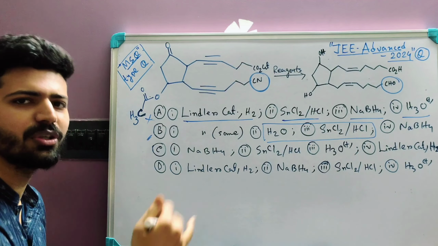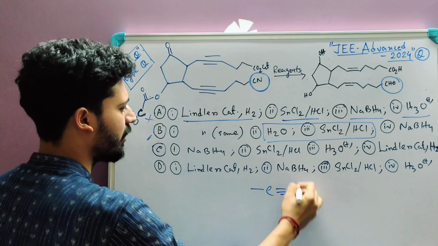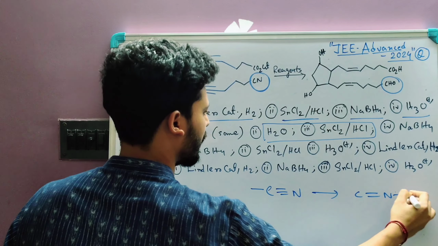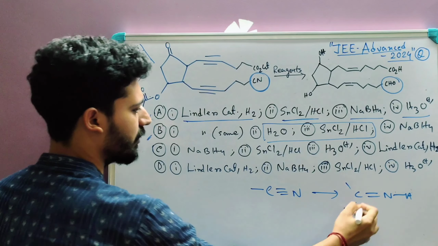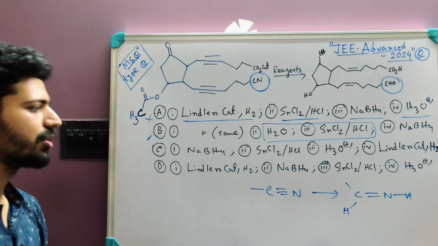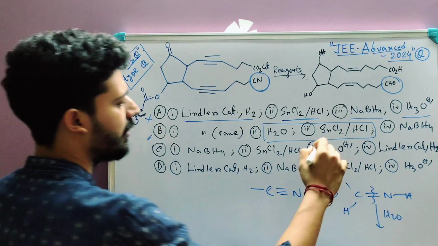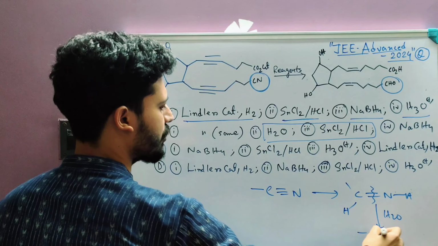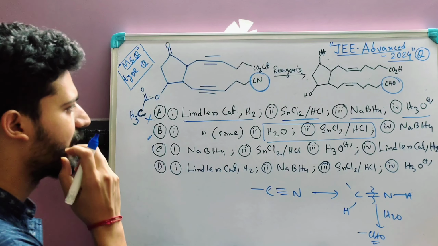SnCl2/HCl converts the C triple bond N to this type of imine linkage, right? And when you use water, it is converted to the CHO functional group. This is basically the mechanism.